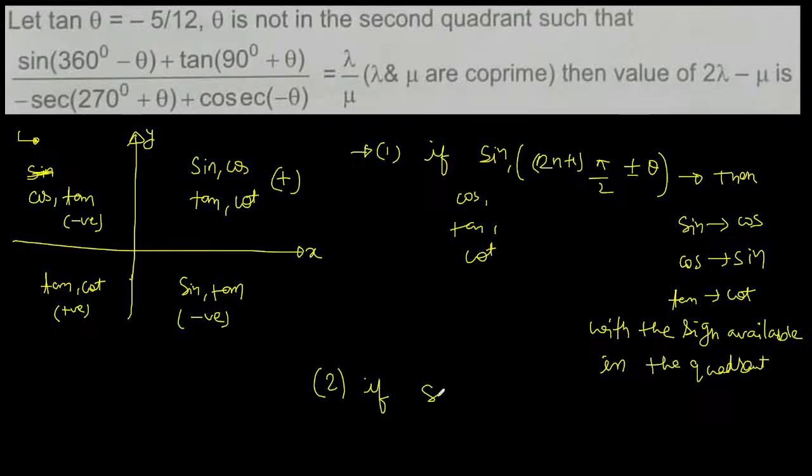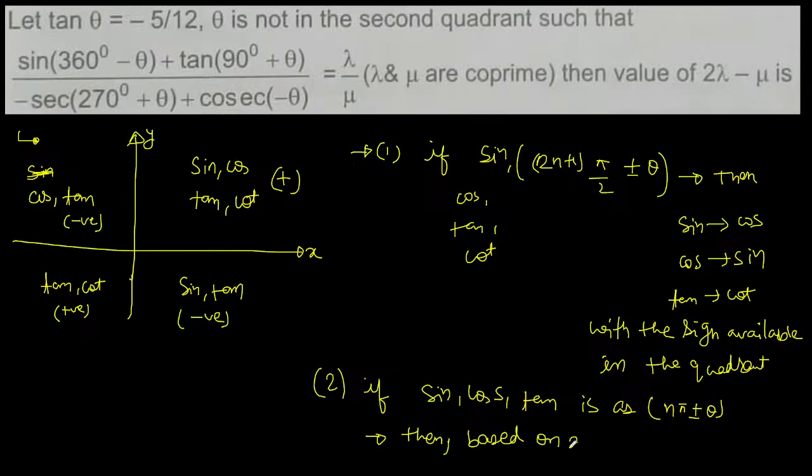If sine, cos, tan of n pi plus minus theta, then based on the quadrant, we get the same function.